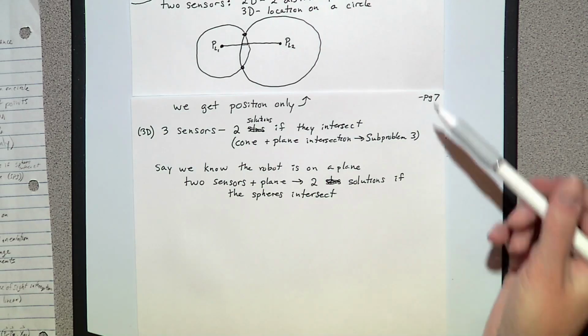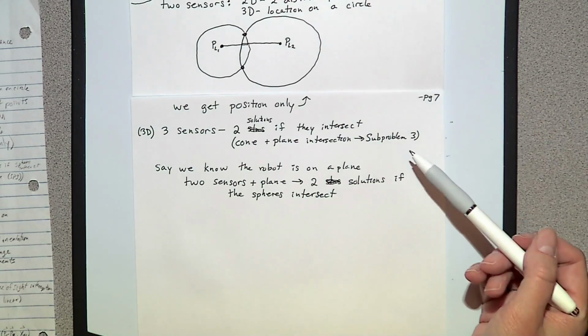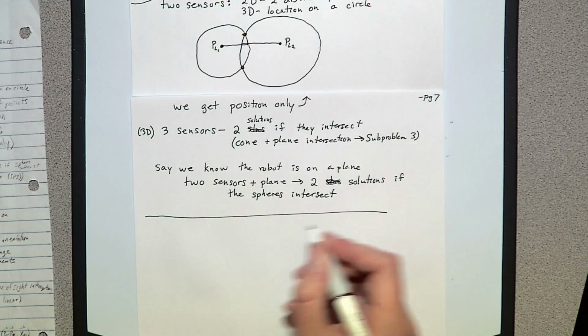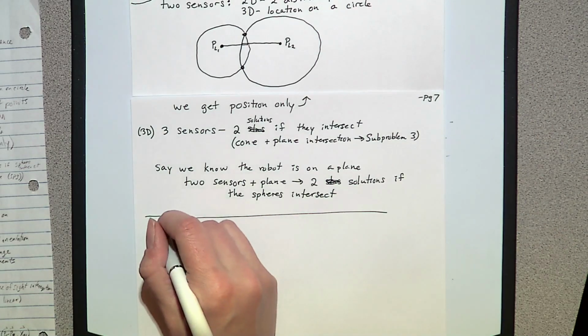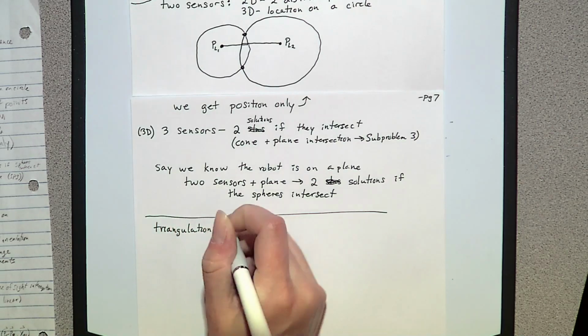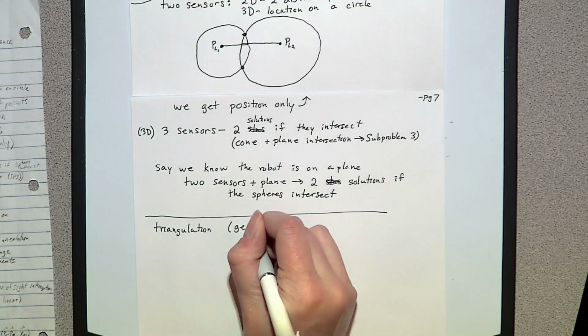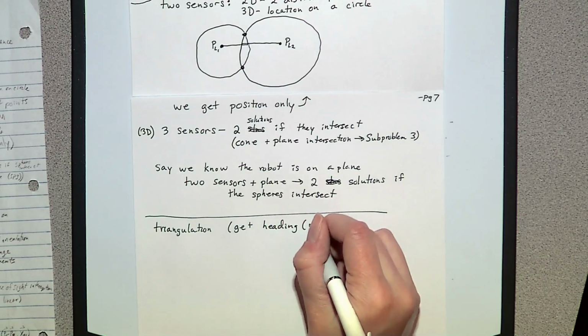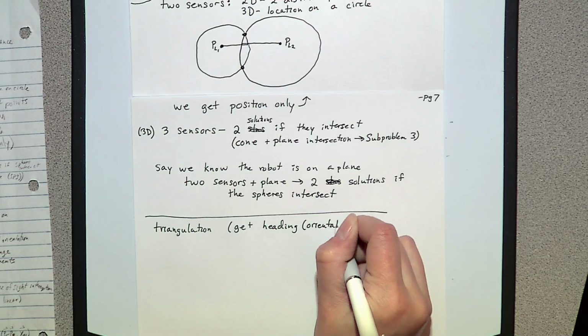So all of these give us some position. If we wanted to get orientation too, what we could use is triangulation. And so we get our heading, bearing, orientation, whatever term you want to use.